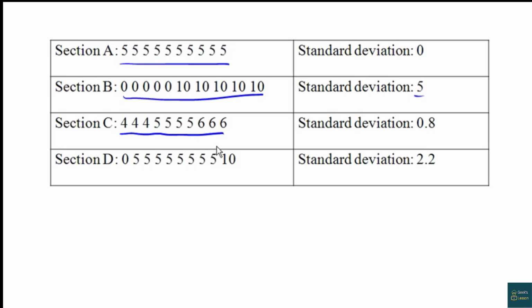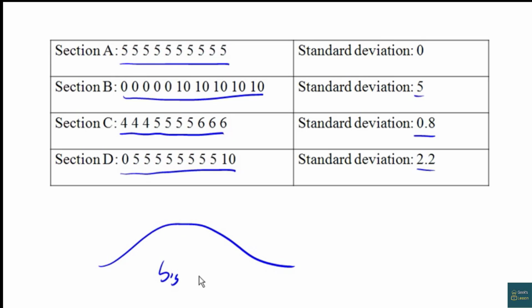Even though we had the same mean and median and range as our data set B, the standard deviation here is much smaller because most of the data is very close to the mean, and we only have a few values that are further out. So if the data is very spread out, we have a big standard deviation. If the data is closer together, we have a small standard deviation.